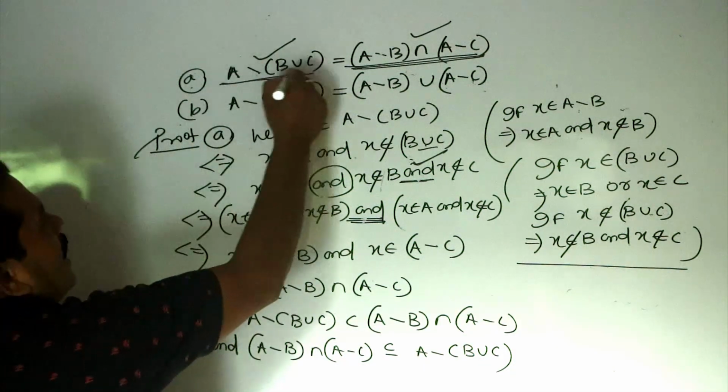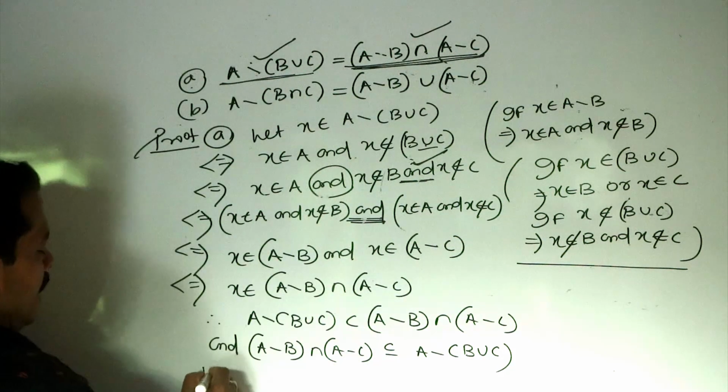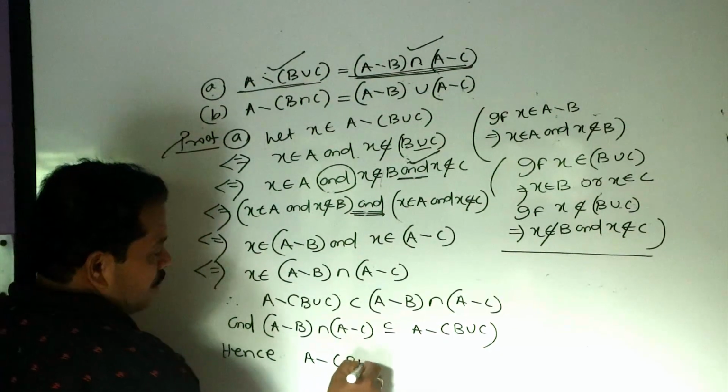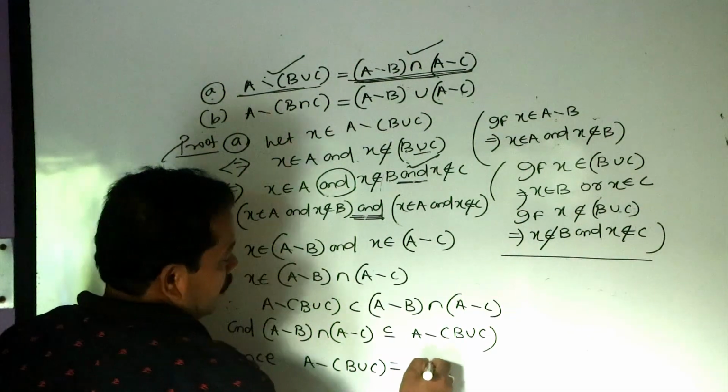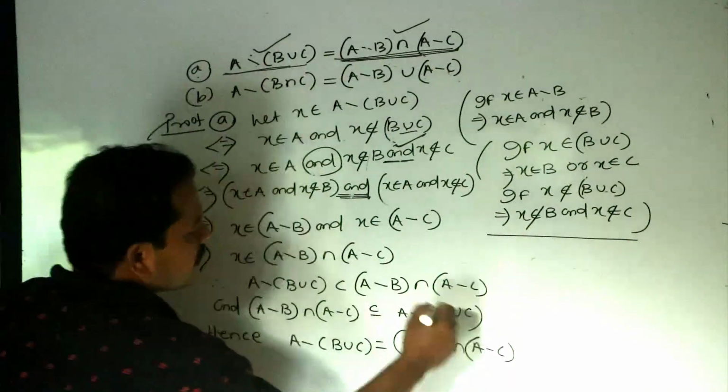Means this set is a subset of this set, and again this set is also a subset of this set, hence both are equal. A difference (B union C) equals (A difference B) intersection (A difference C).